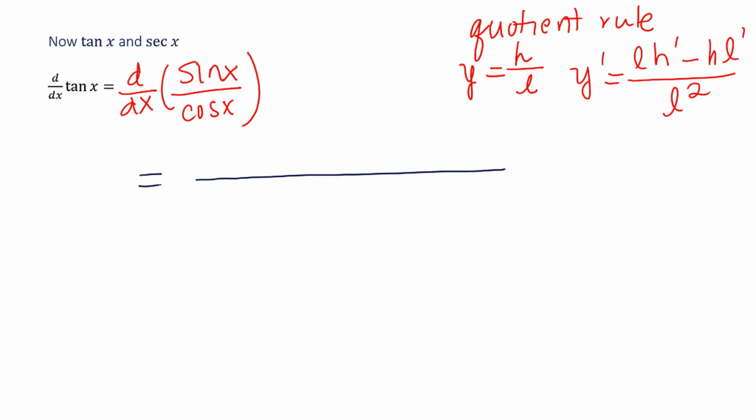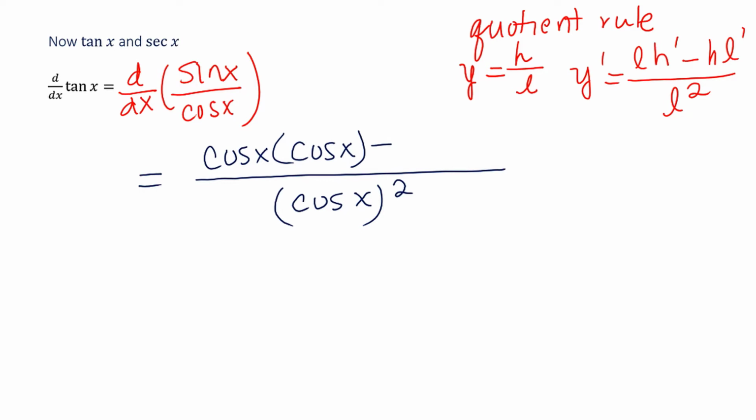We begin, and I'll write the cosine x squared first, and we'll have the low function, which is cosine x, times the derivative of sine x, which is cosine x, minus the high function, which is sine x, and then the derivative of cosine is minus sine x.